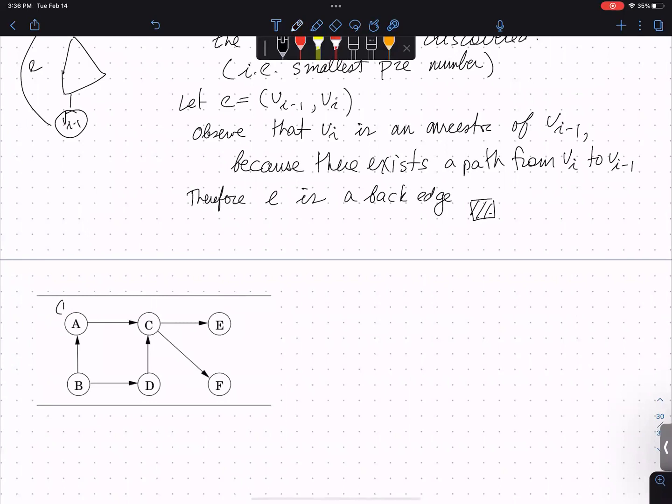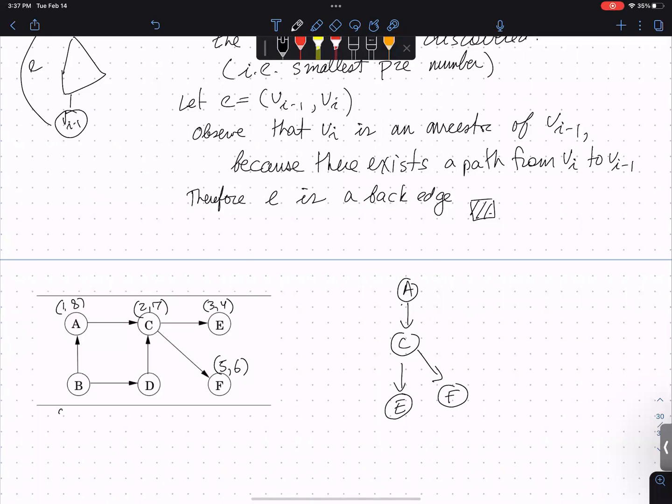So we open A, we go to C. From C, we go to E. Then we're done at E, we go up to C, and then we go to F. So we open F at 5. We're done with F. We're done with C. And we're done with A.